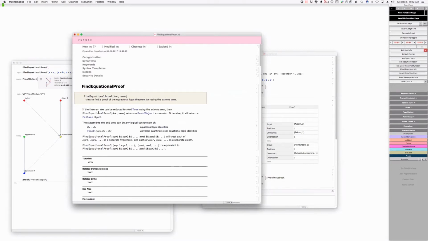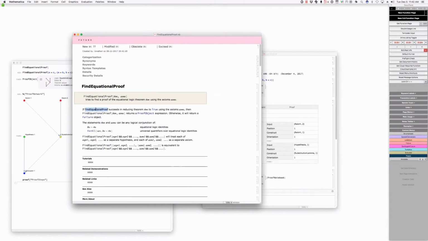If find equational proof succeeds in reducing theorem to true, it doesn't need to say that because it's obvious, then it returns a proof object, right?